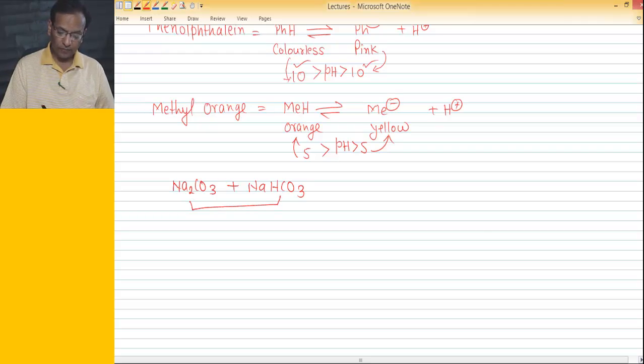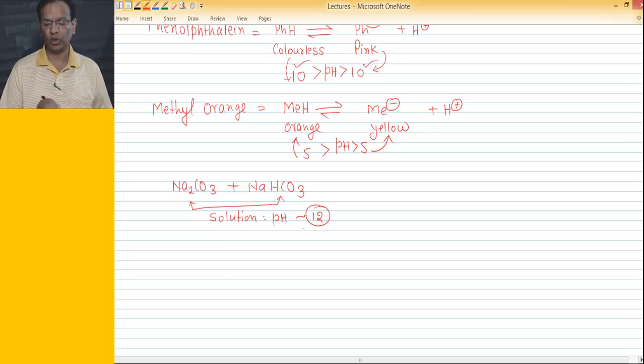When these two are combined in solution, the pH of the solution lies at around 12 or even greater than 12. We can say that it lies between 12 and 13.